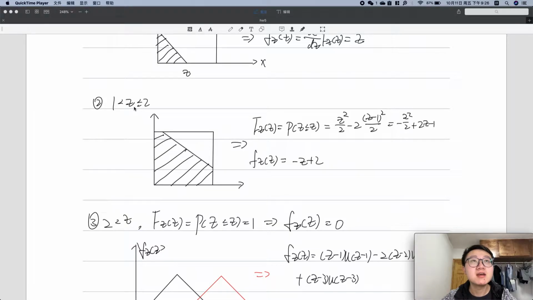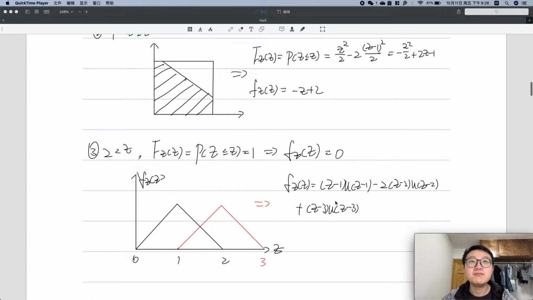When z is larger than 2, the probability is 1, and the density is equal to 0. We put all these situations together, and we can have this image.